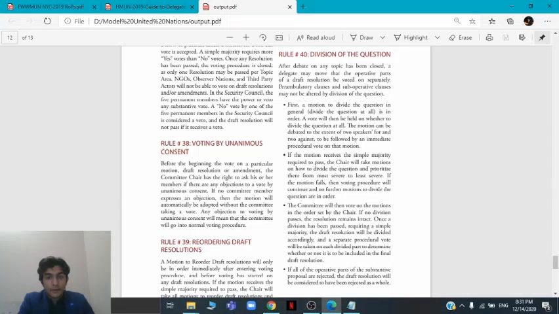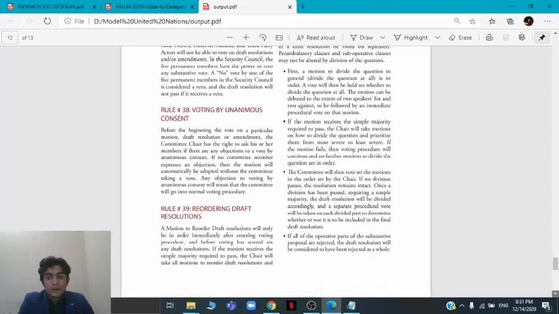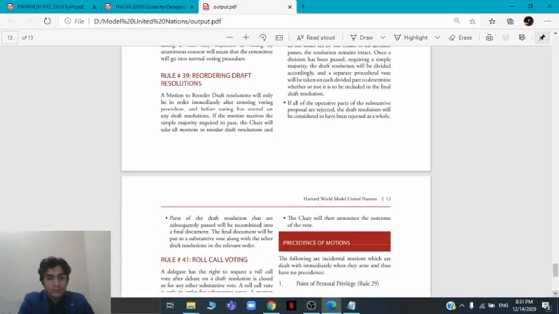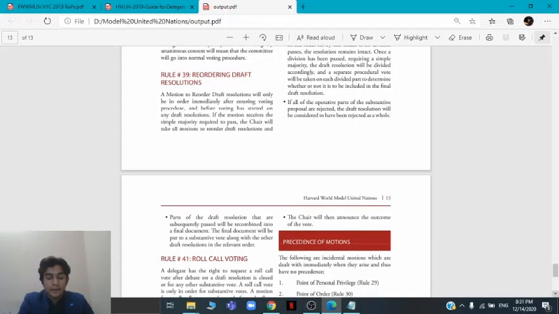One person would speak in favor, on why it should be voted for, and one would speak on why it shouldn't be voted for. And then when all these operative clauses which would be passed are recombined with the preambulatory clauses, there would be again voting of the draft resolution which has been made passing after the division of questions.